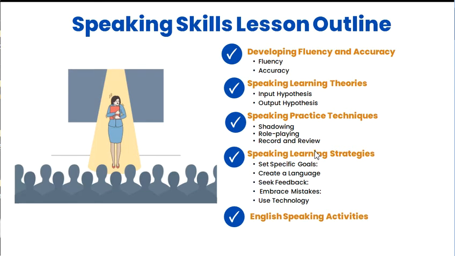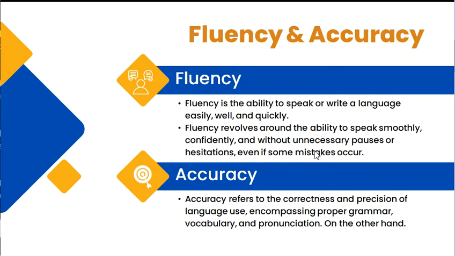So let's move to the first section, the concept of accuracy and fluency. When you decide to learn speaking or listening, these oral communicative skills, you need to understand the concepts of fluency and accuracy. These two concepts are not restricted only to speaking and listening, but we can also use them for writing and reading.